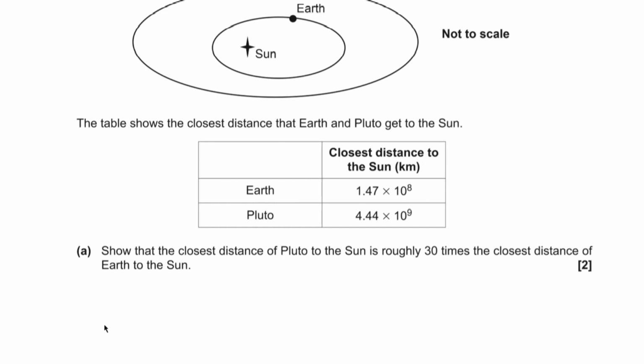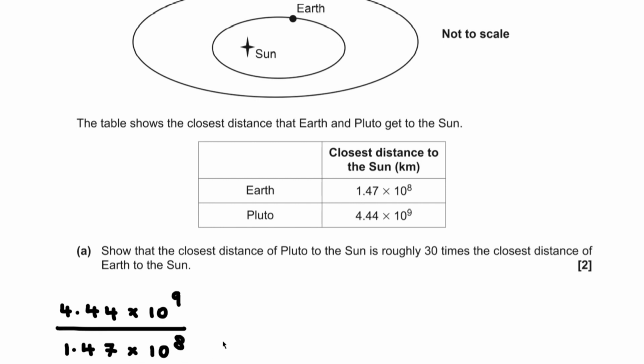So what we have here then is 4.44 times 10 to the 9 divided by 1.47 times 10 to the 8.